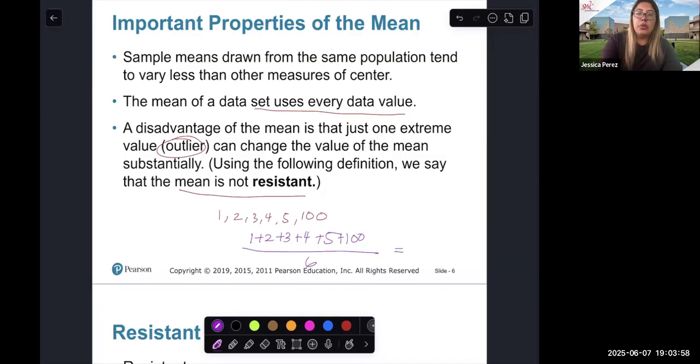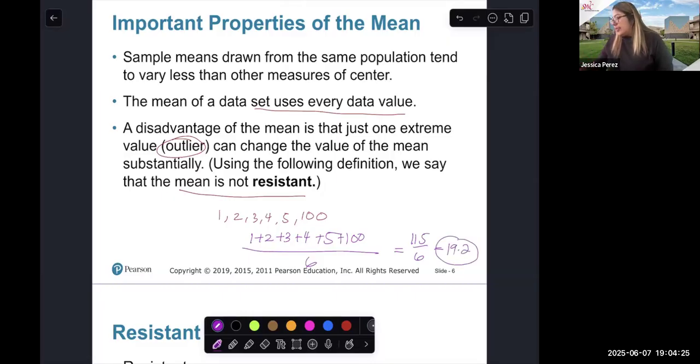Well, 1 plus 2 plus 3 plus 4 plus 5 plus 100 is 115. Divide that value by 6, and 115 divided by 6 gives me roughly 19.2.